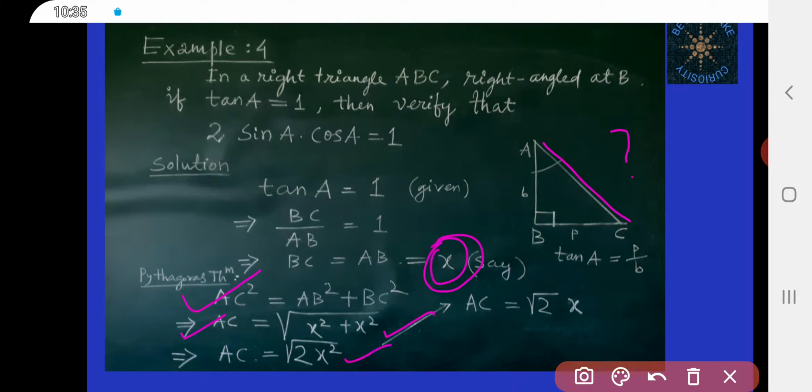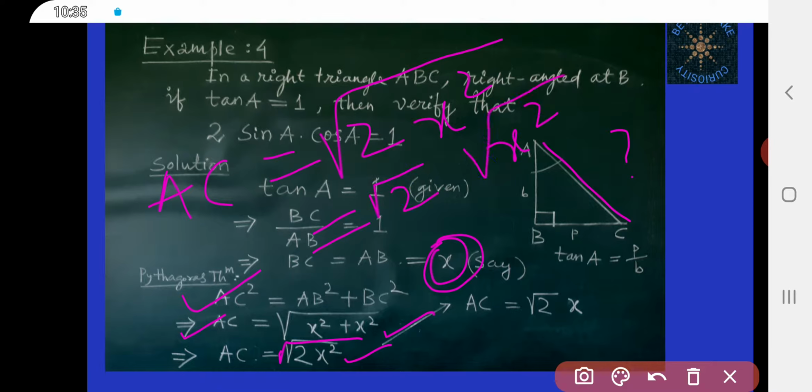2x square under root. So AC is equal to 2x square under root, that is root 2 x.